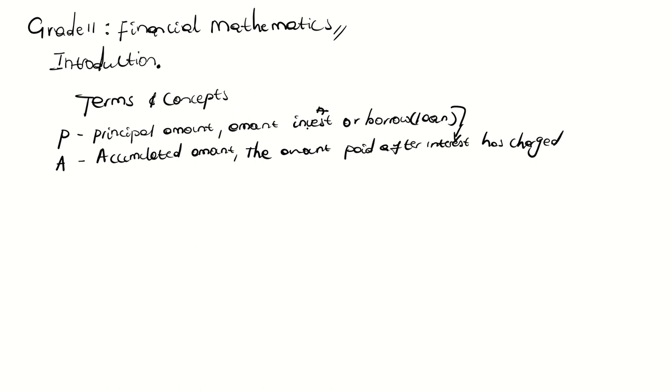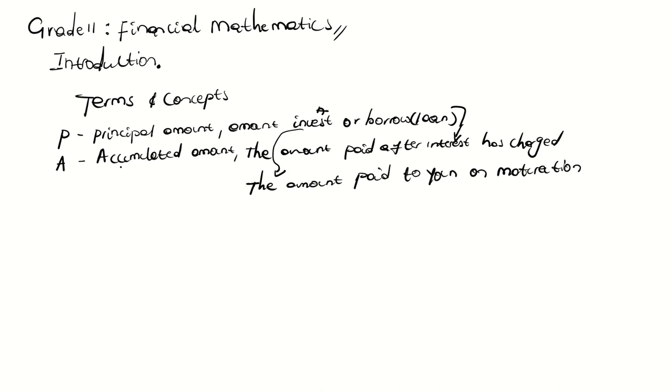Or if it was an investment, what would that be? This would be the amount you get back, okay? This would be the amount paid to you on maturation, when your investment matures, okay?